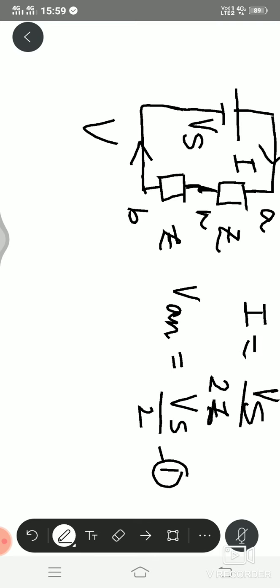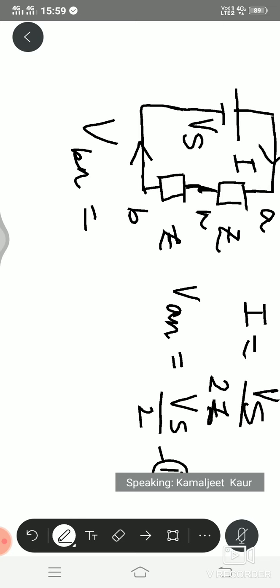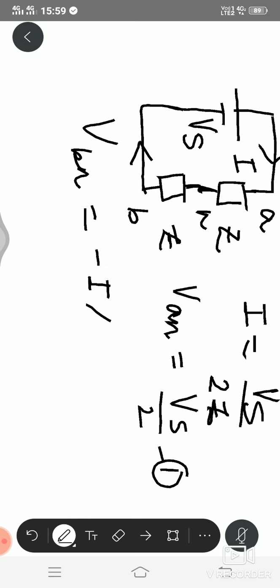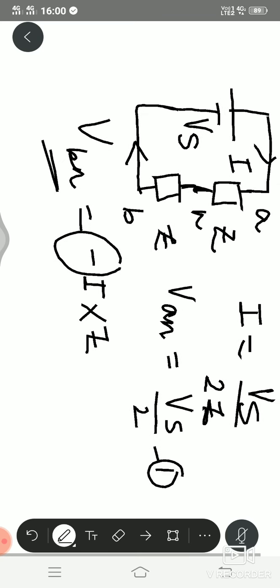And what is our VBN? VBN will be equal to minus of I into Z. See why I am writing minus, because here you look at the subscript, it is BN.